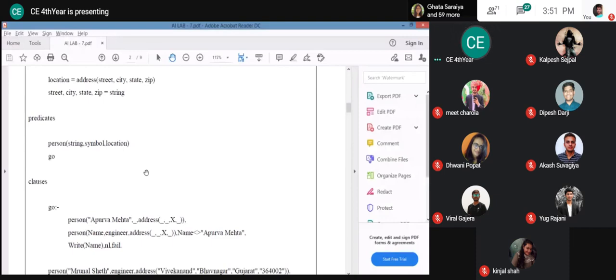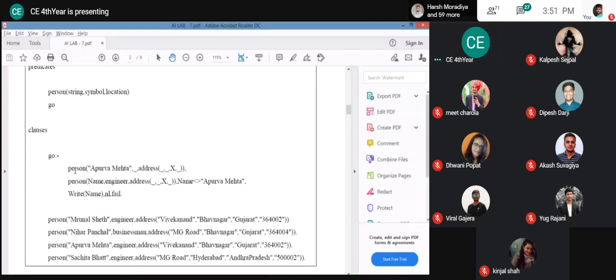When I write go, first it will call this compound object, and in this particular premise it will call this fact. It goes here, and this one is not matched, so directly Apurva Mehta is matched. Then here is the anonymous, so that means it ends here, and an address. So this particular thing is bound.